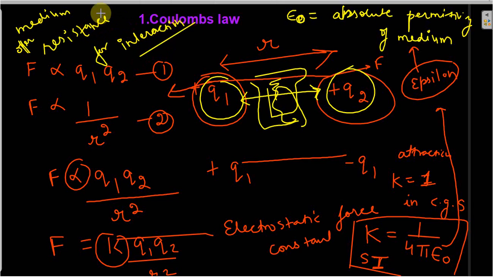This resistance that the medium offers to the interaction between the particles is known as the absolute permittivity of a medium. Always when you place two charged particles in a medium, that medium tries to reduce the force between the two charged particles.